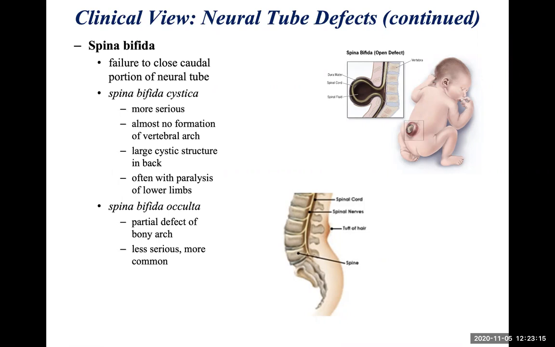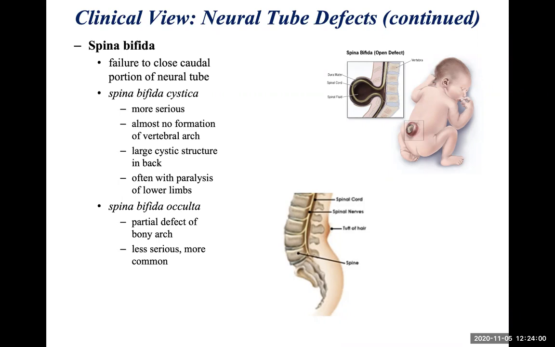This is the kind of spina bifida that oftentimes is associated with paralysis, because depending on where the opening is located, all of the spinal nerves that are inferior to that opening are for the most part not going to function correctly. And then spina bifida occulta is interesting. This is a condition in which there's a defect, particularly of the bony arch of the vertebra.